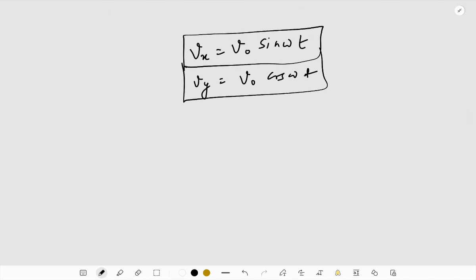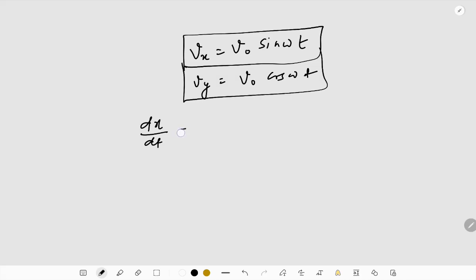Now we can find x and y, because we had to find the law of motion, that was x in terms of time and y in terms of time, and also the equation of its trajectory needed to be found. This is going to be a long question, but we will continue solving it.